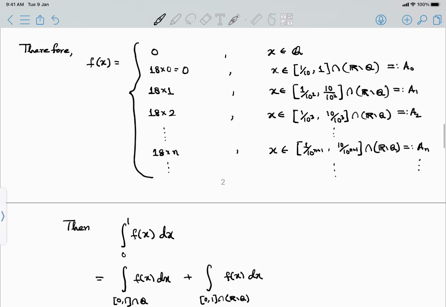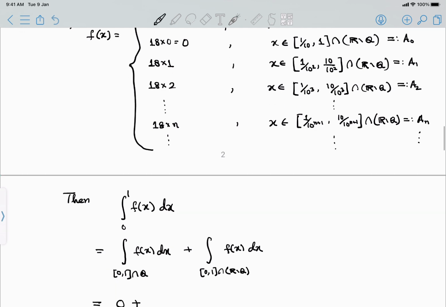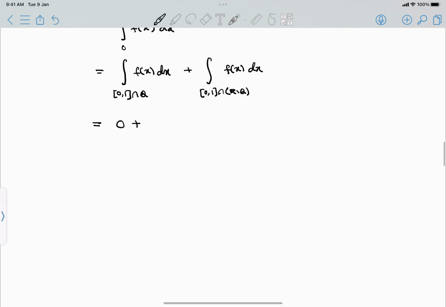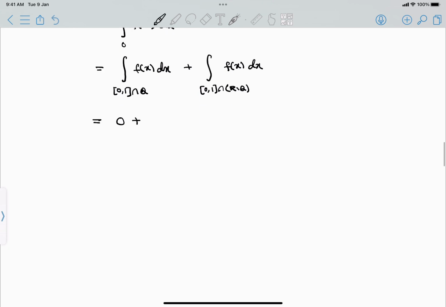Because these are all disjoint, the integral will be the sum of these: the sum from n equals 0 to infinity of the integral over an of f(x) dx.